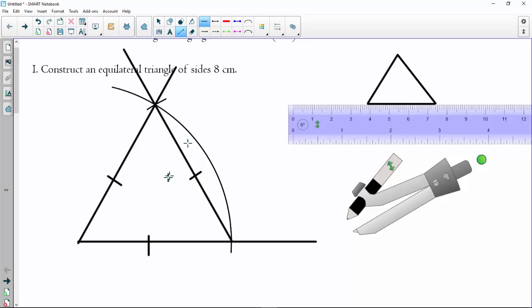Means all these three sides are equal, and I put in 8 centimeters. And that's it there. Now we have just constructed an equilateral triangle of sides 8 centimeters long. So let's do the next one.